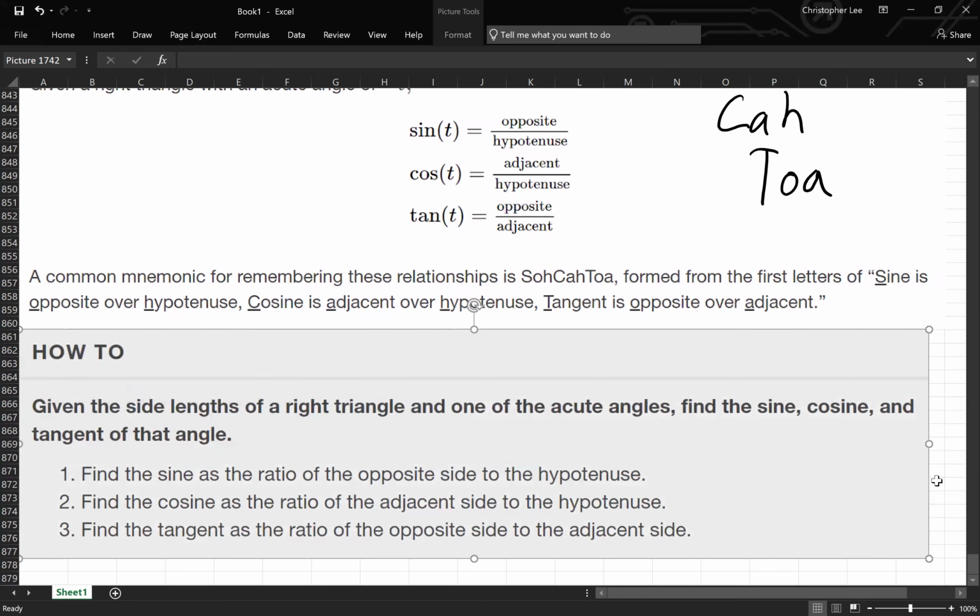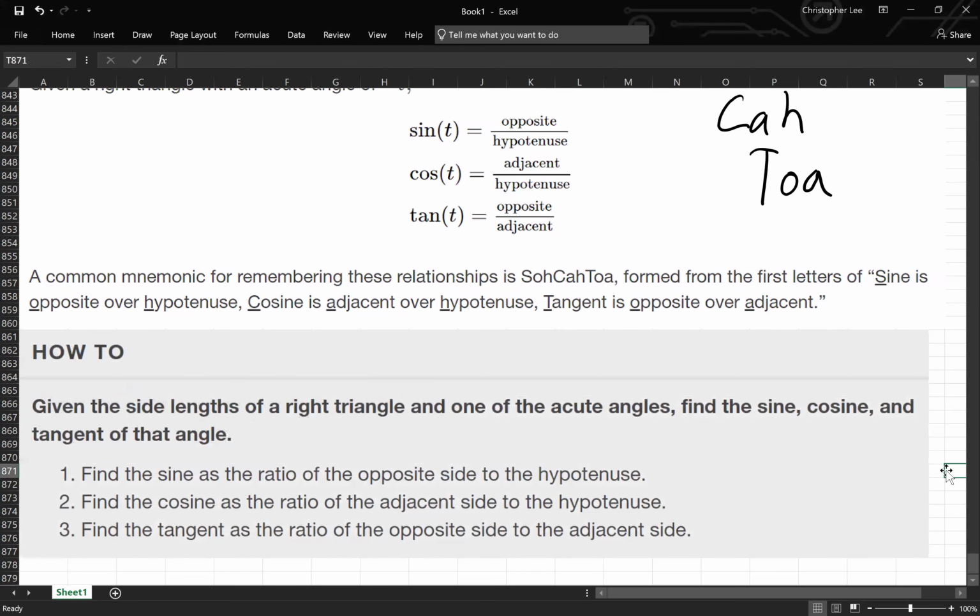Given the side lengths of a right triangle and one of the acute angles, we want to find the sine, the cosine, and the tangent of that angle. One, find the sine as the ratio of the opposite side to the hypotenuse.